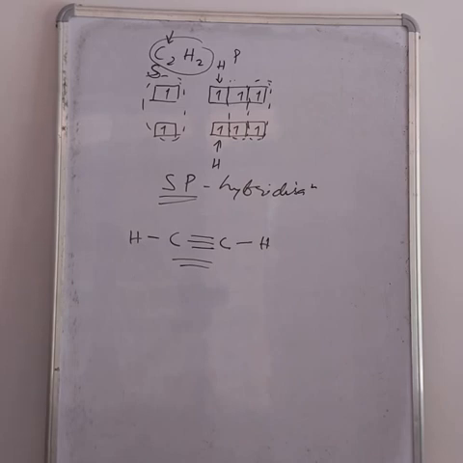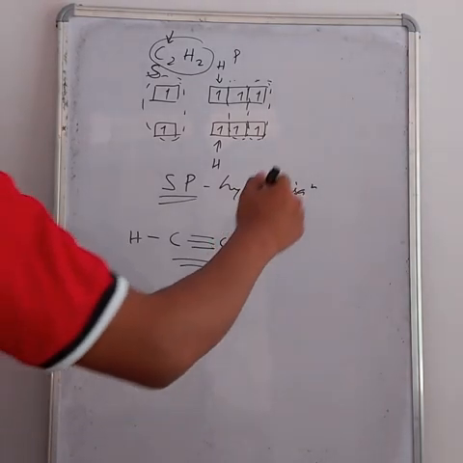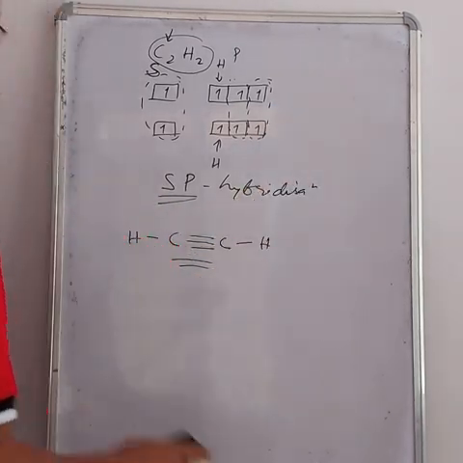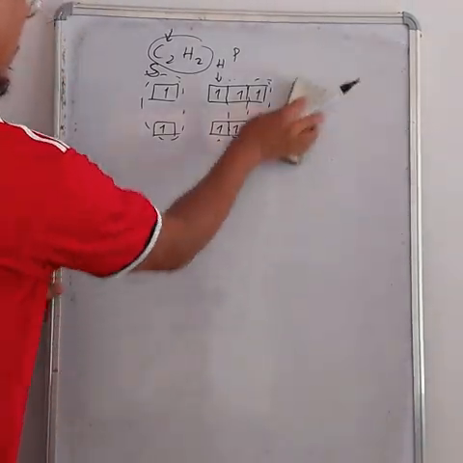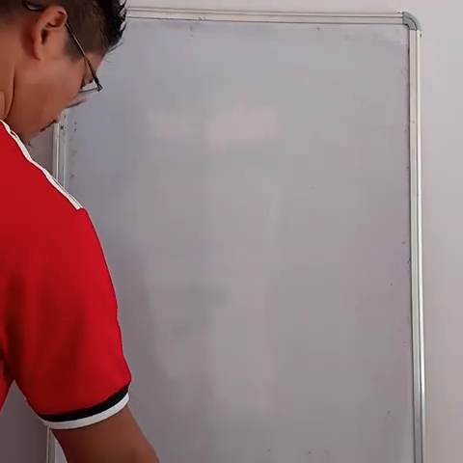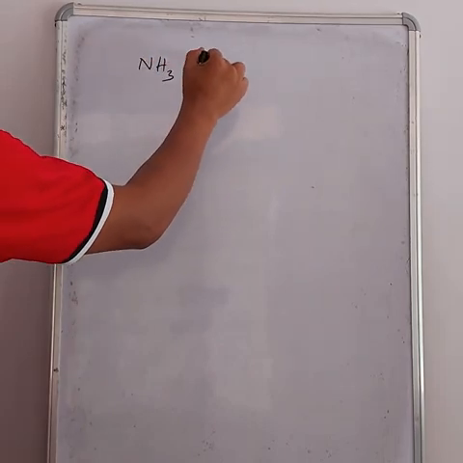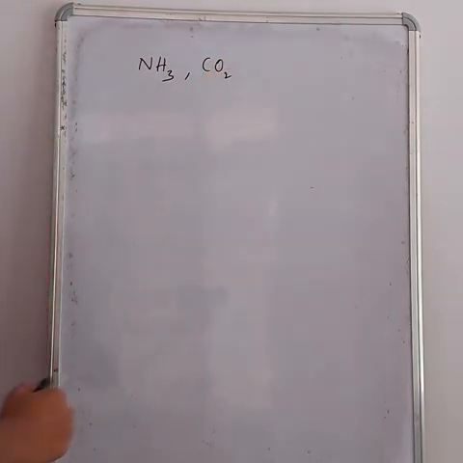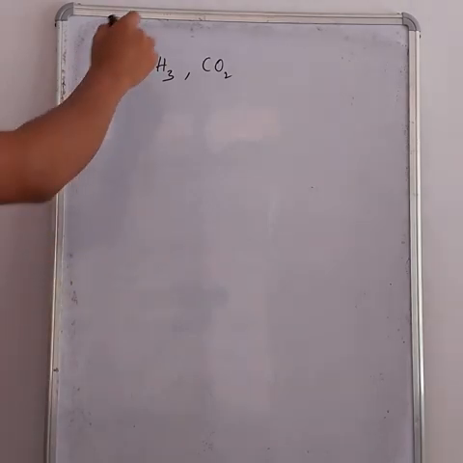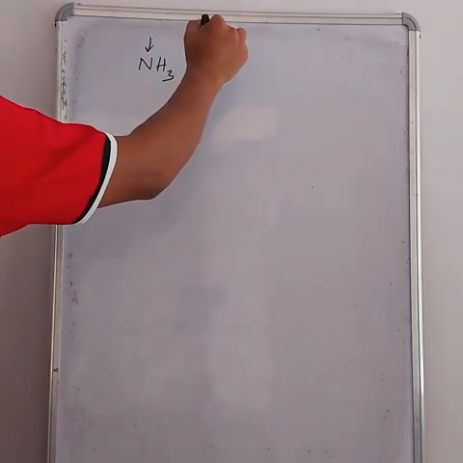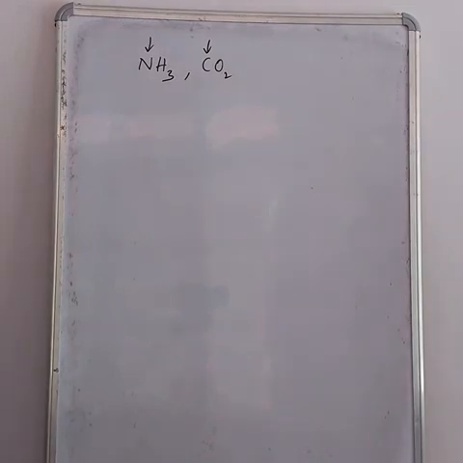So I hope you have understood the concept of hybridization. So you can try for simple molecules like ammonia, carbon dioxide, find out the hybridization state of nitrogen and carbon in both the compounds.